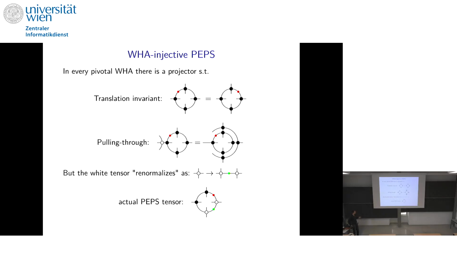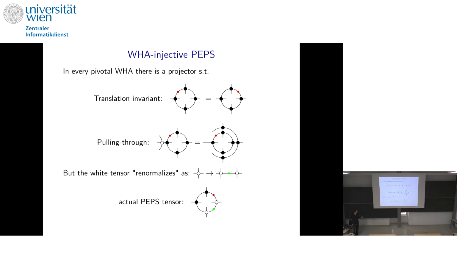It also satisfies a sort of pulling through equation. If you have this MPO and you put an MPO around it, it's the same as putting some other tensor on the other side. This tensor will be a bit funny because it's not related to the antipode anymore; it's something different. So basically it renormalizes funnily. Whenever you see two Y tensors, you will have to insert something in the middle to compensate for the fact that it's not the antipode.